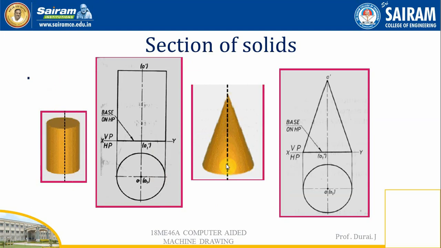But if you cut this cone exactly in the middle with the section plane passing there, the true shape of the section will be triangular. Here the front view and top view are shown, so it cuts exactly here, and the true shape of the section becomes rectangular.